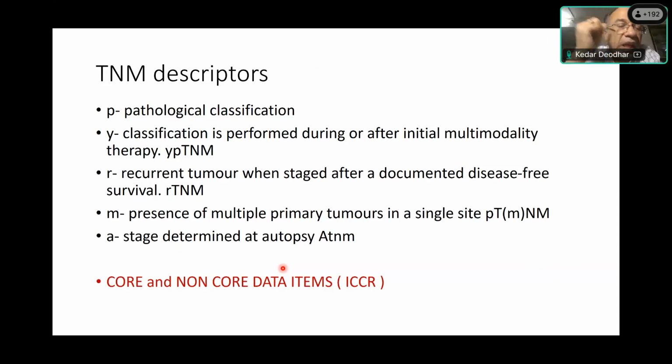And ICCR gives us what is core and what is non-core data items. This is based on evidence-based medicine. I just want to introduce this, and most of the PGs and most of the staff are familiar with that. So there are certain things which are mandatory, certain things which can add value, but they are not mandatory. So that's what we mean by core and non-core data items.